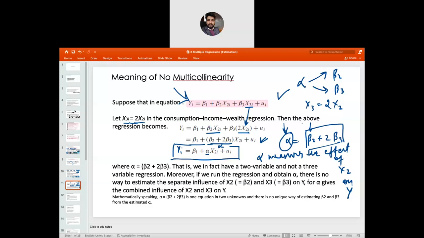You cannot separate the individual effects of the collinear variables on the dependent variable. What you would get is a consolidated effect of the two variables on Y, right? So that's why we need to assume that there is no multicollinearity in the population, because if it is so, we will not be able to measure the separate influence of the collinear variables on the dependent variable.